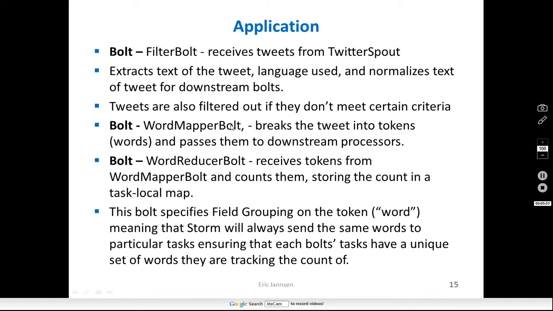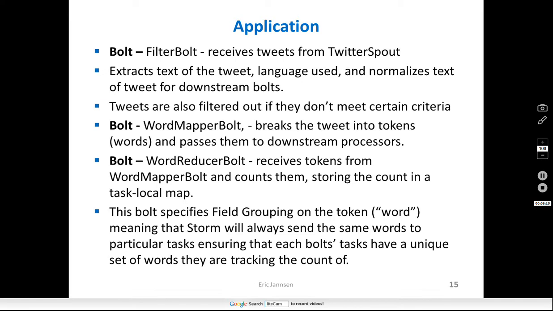And then I have the word mapper bolt, which simply breaks a tweet into tokens and then passes the tokens one at a time in a tuple downstream. And downstream from the mapper is the word reducer bolt, which receives the tokens, counts them, and then stores the count in a task local map.